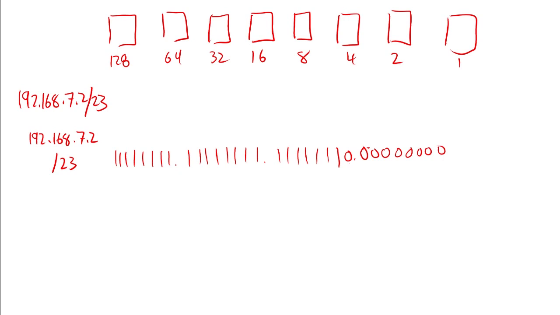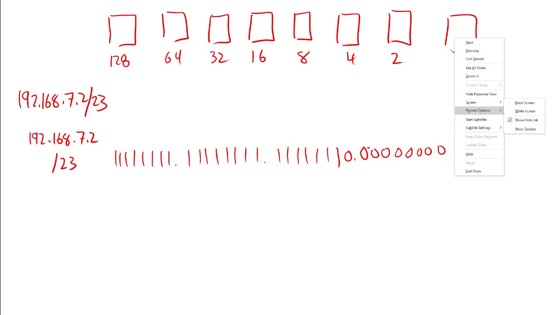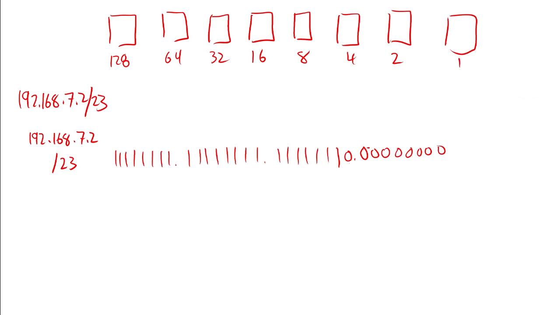So with 23 ones, and since we're 32 wide, we're always 32 wide, we get 23 ones and 9 zeros.